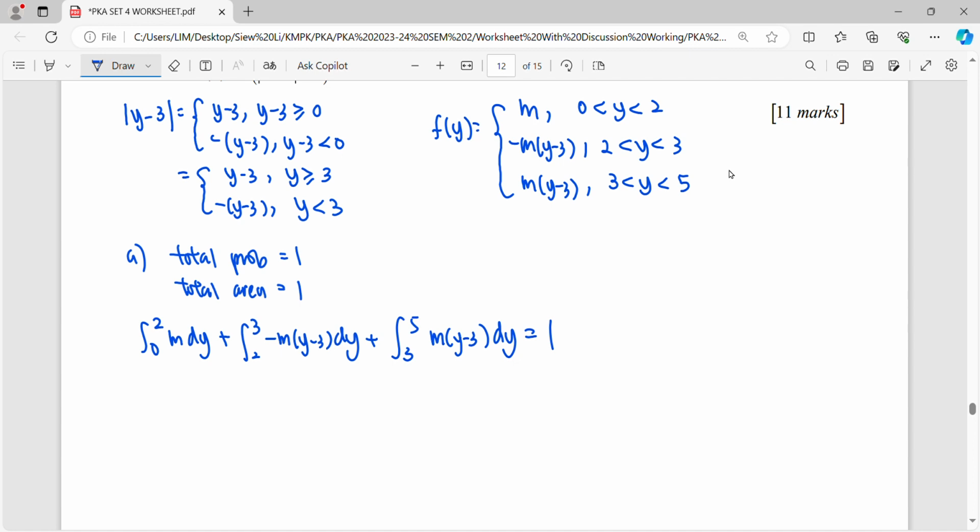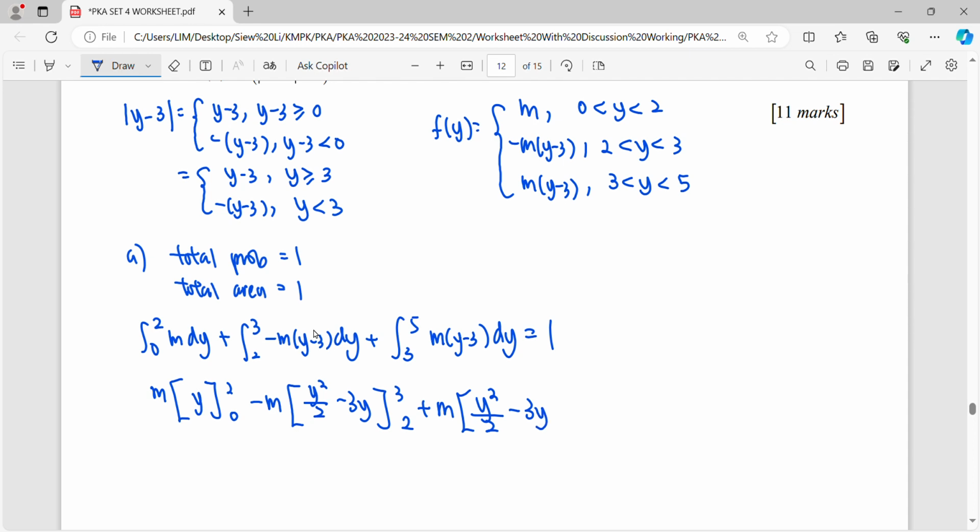Alright, so to integrate this, take out your constant, integrate 1, it will give you y. Integrate y, give you power plus 1 over new power. Integrate constant, negative 3y. Then we factorize the constant, integrate y, power plus 1 over new power.